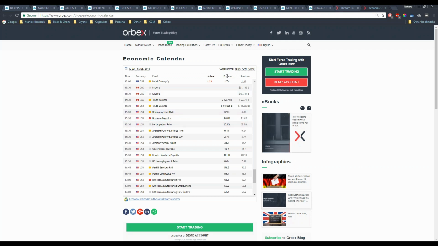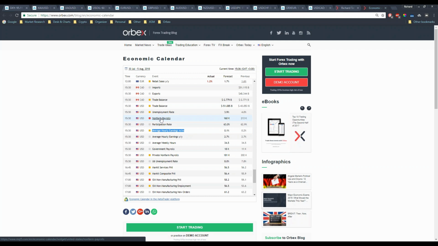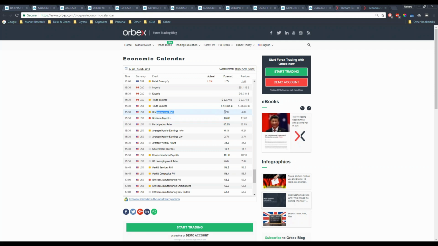However, by the looks of this forecast right here for the non-farm employment change, a decrease would be expected as per these analysts' expectations, right? So not to mention that the average hourly earnings are expected to decrease as well by 0.1%. So in my personal opinion, this would weigh more, the results here, more than the non-farm payrolls, but the unemployment rate is expected to decrease.